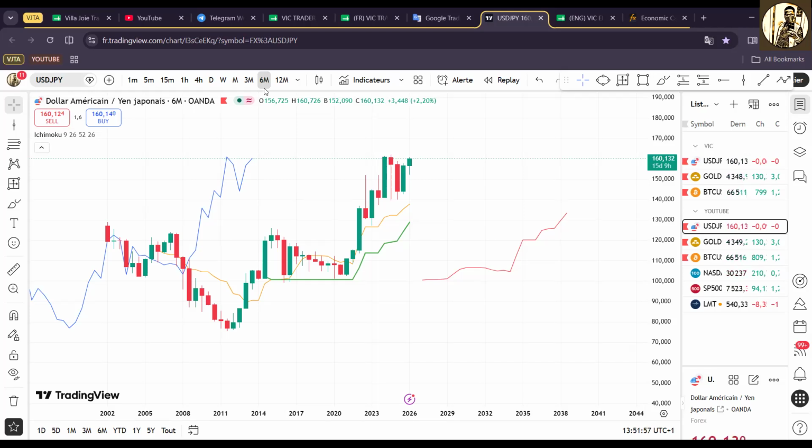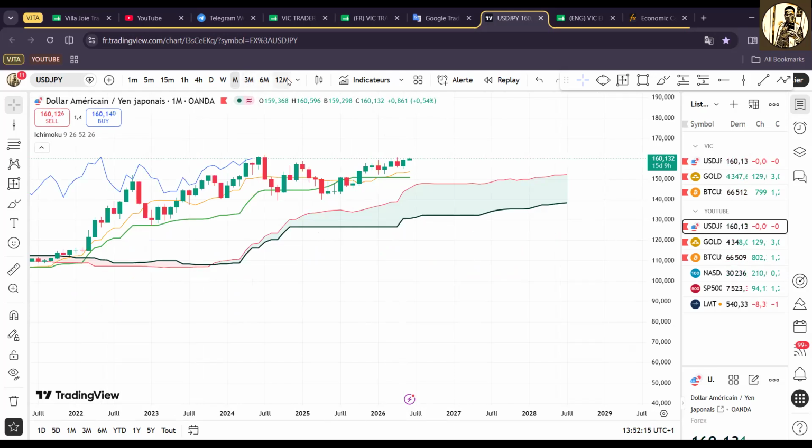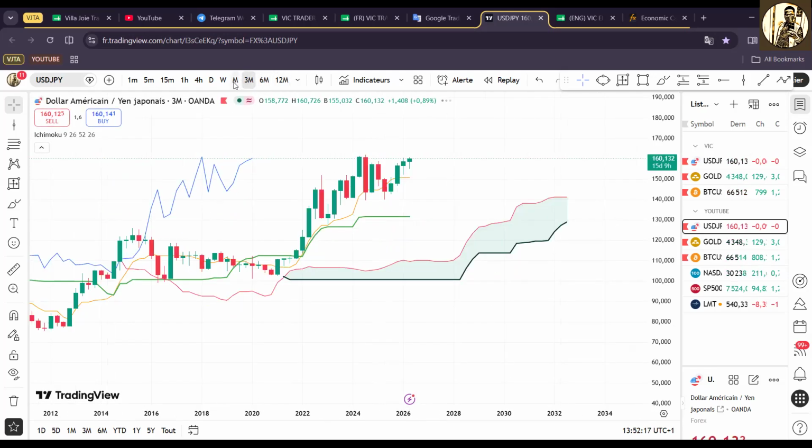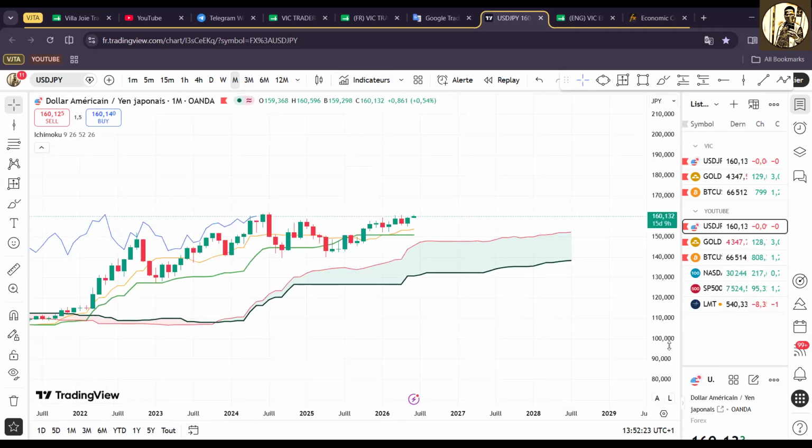For retail traders like us, who are at the level of just having some millions in the bank account as capital, we don't take an entry position in a time frame higher than monthly, right? 12 months, 6 months and 3 months are more for those big institutions who are actually making the market move.